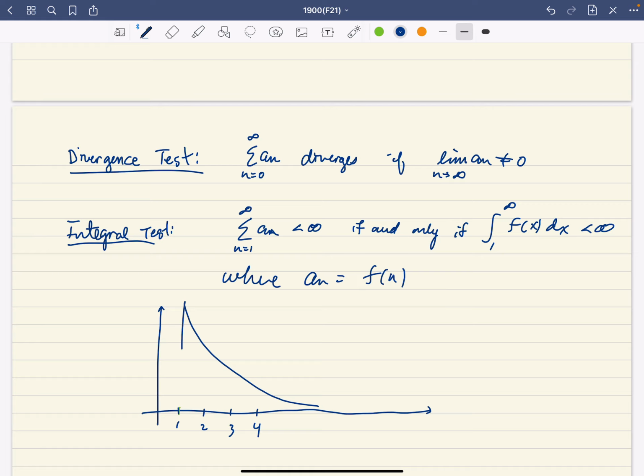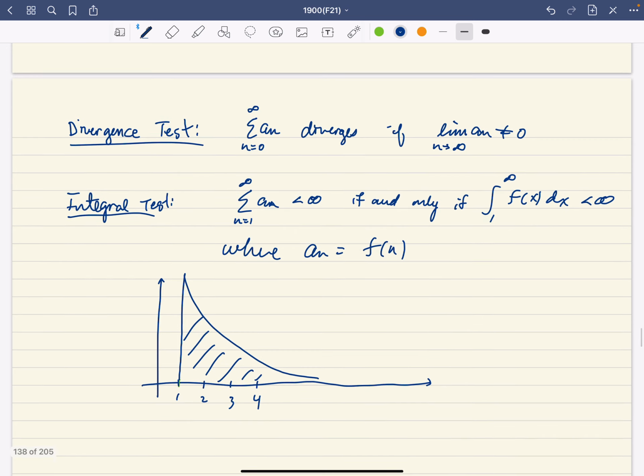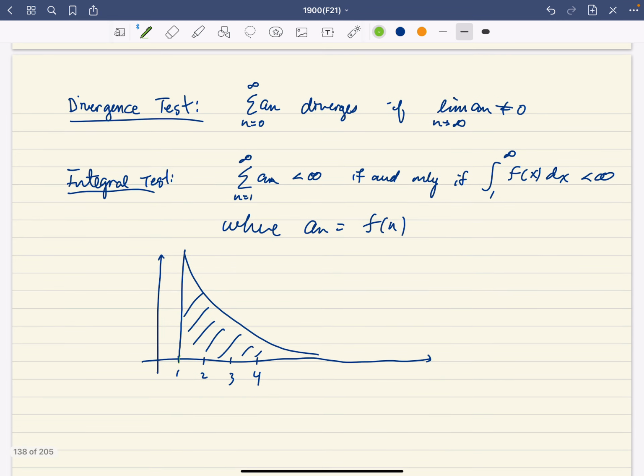The integral is going to be the area under this curve. And then we can compare that to f of 1, which we can think of as a rectangle with width 1 and height f of 1. And likewise, f of 2, f of 3, f of 4, and so on.